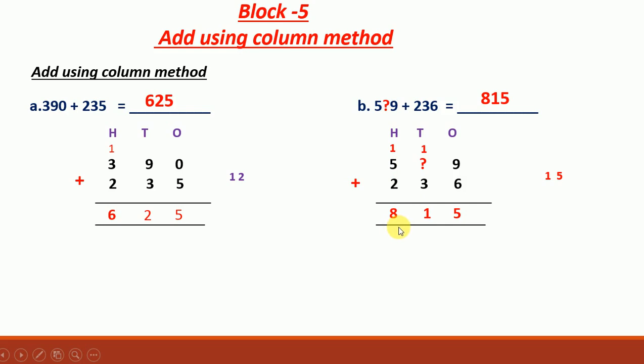So in the tens place we have 11 tens over there. So 4 plus dash equals 11. Count from after 4 till 11 and then find the missing number. So the missing number is 7. 4 plus 7 is 11.